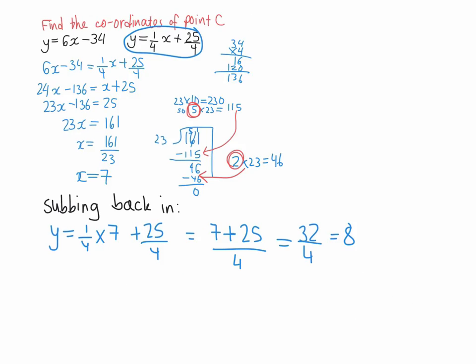So the coordinates of point C are 7, 8, which is exactly what we found before using the other method. I think the other method is quicker and nicer, and you actually can figure out the coordinates of point C using the other method without doing the first part of the question, which is quite handy.